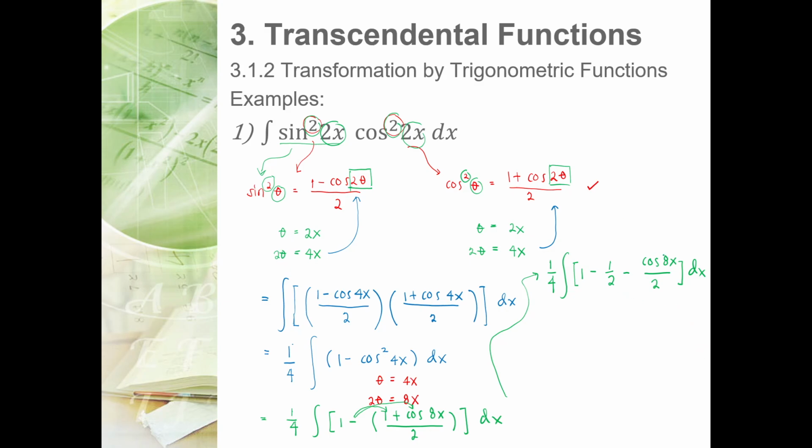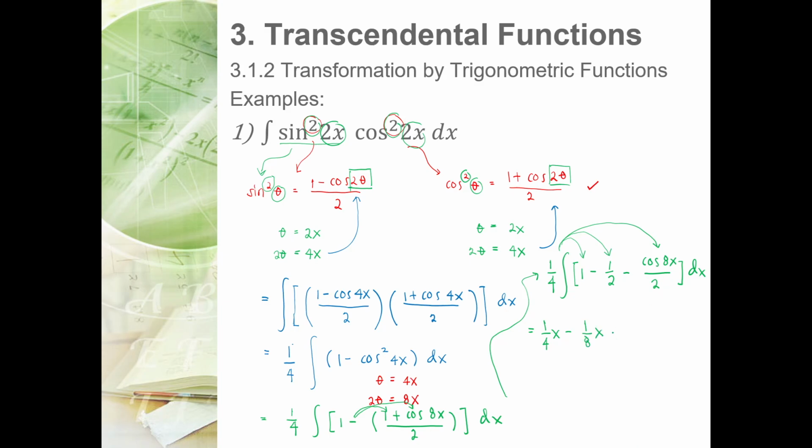So I think this one is now integrable because each term is now a basic term. So integrate this one by multiplying 1/4, integrate and multiply 1/4, integrate and then multiply 1/4. So the first one is 1/4 x, and then the next one is 1/2 x, right? So 1/4 times 1/2 is 1/8, so negative 1/8 x.